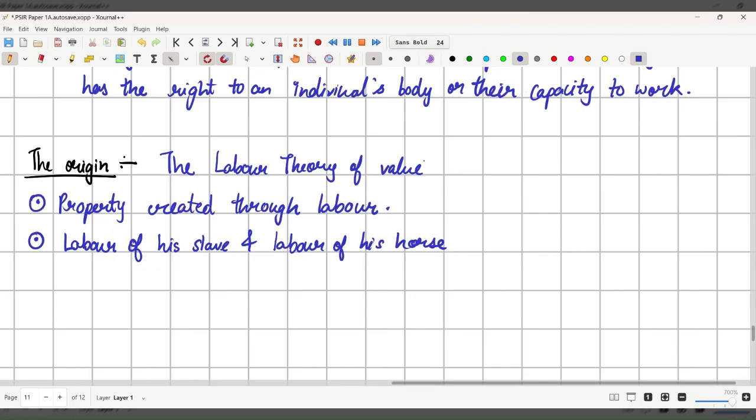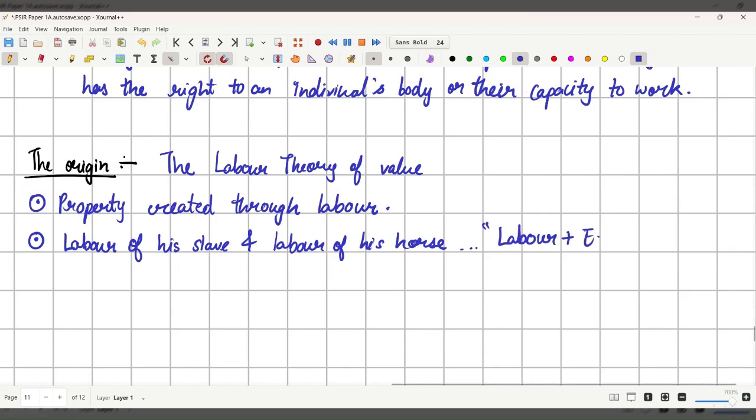Labor plus earth, meaning all the natural resources used with the labor, is what creates the property.